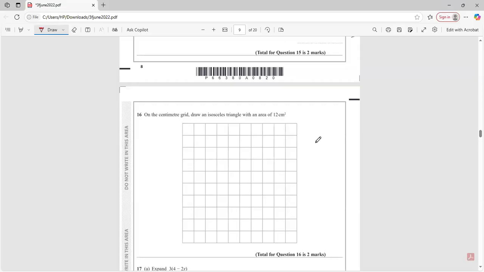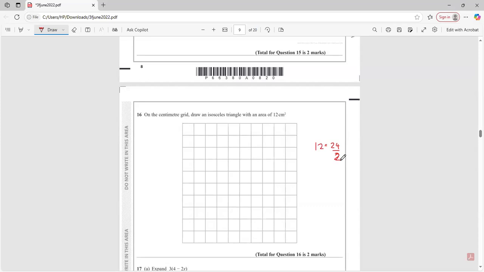In this case, for us to get 12, that will come from 24 divided by 2. So that means your base times height must give you 24.